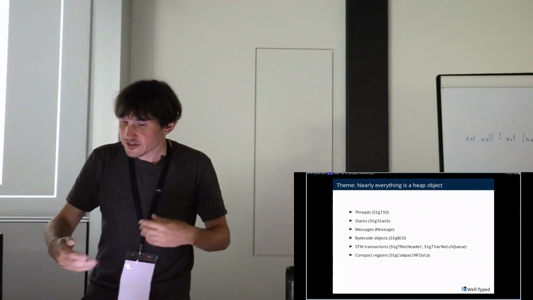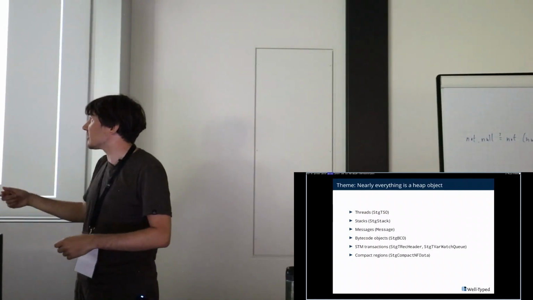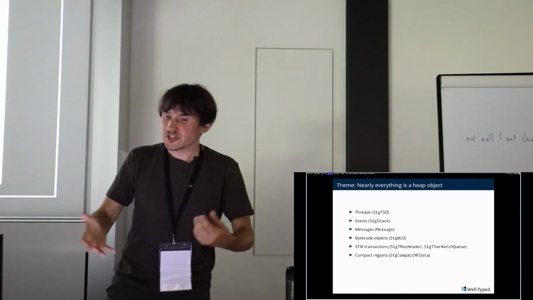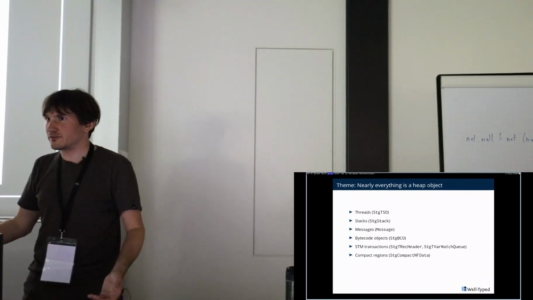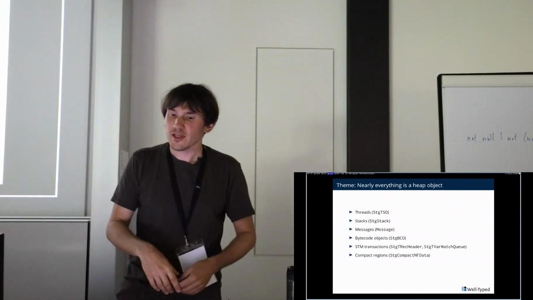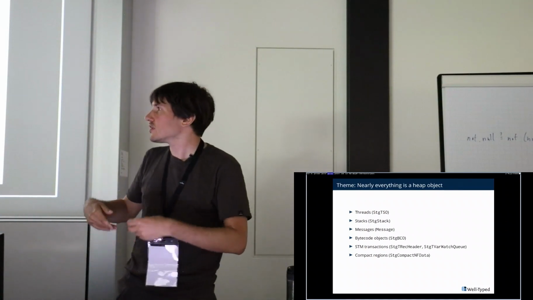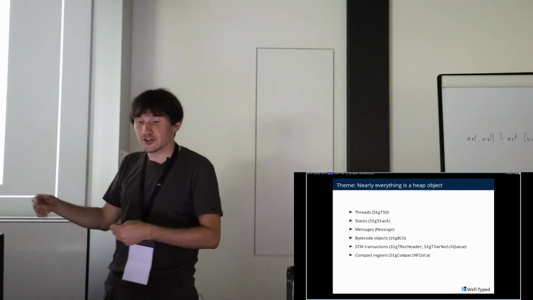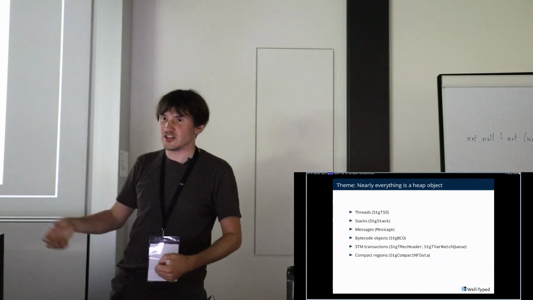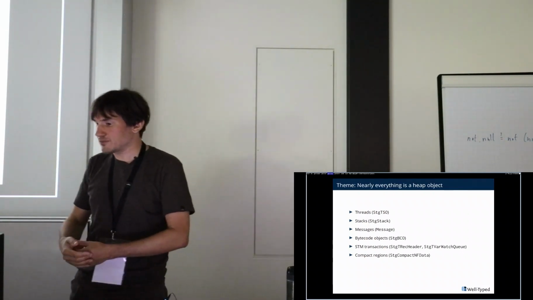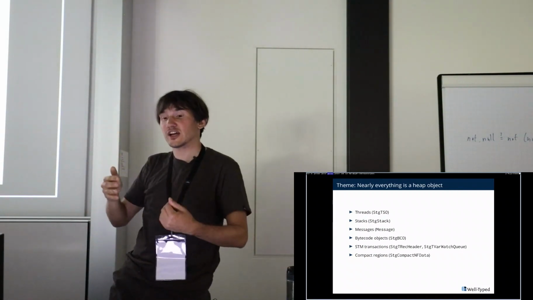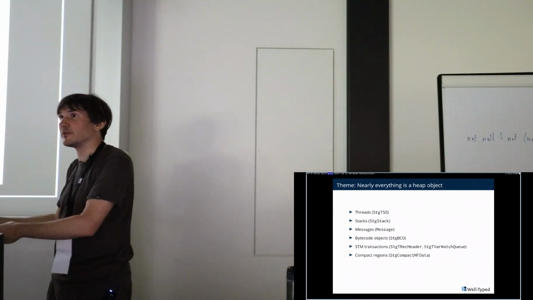And this actually allows us a number of nice properties. For one, we don't need to come up with bespoke systems for managing lifetimes of all of these objects and garbage collecting them and such. We get them for free from the garbage collector. And moreover, we can reuse object liveness, reachability, for other purposes. So for instance, deadlock detection in GHC is simply an application of this: we can see a thread is deadlocked by checking whether it is still reachable from any of our roots.